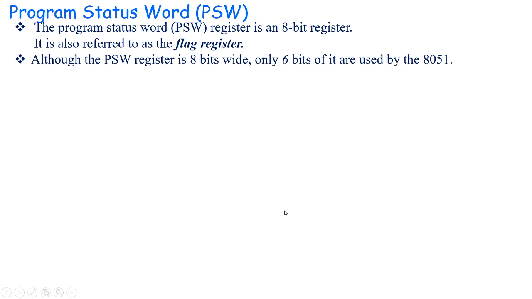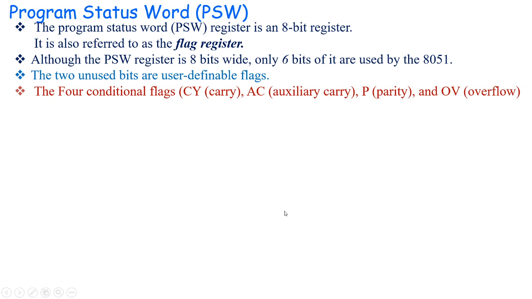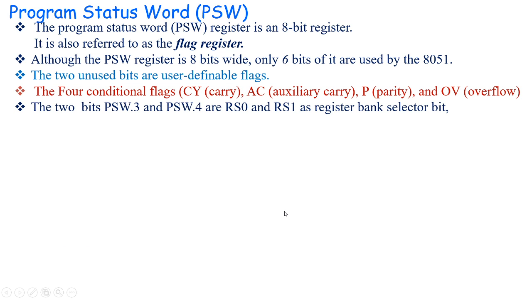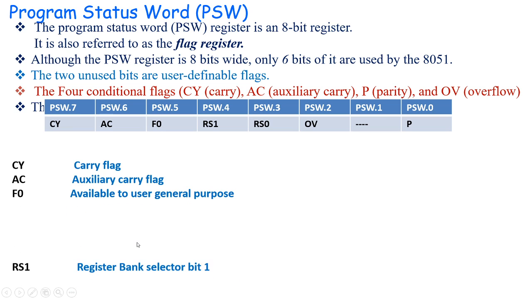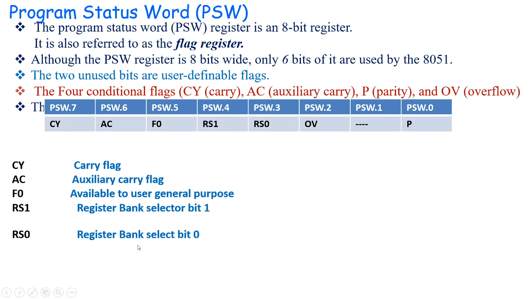So this is the program status word register. We already discussed it in detail, but this is only the revision part. It has a total of 8 bits, PSW0 to PSW7: carry flag, auxiliary carry flag, parity flag, RS0 and RS1 bits, and overflow flag.